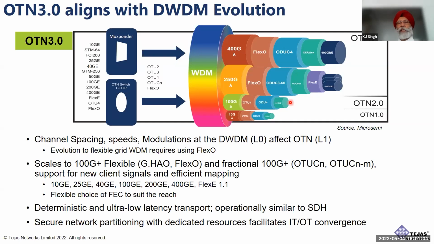When you put a signal into an OTN frame, it is not really affected by the other signals that are occupying the fiber at the same time. Obviously, from a WDM perspective, the lambdas are different, but even within that, you have isolation between different OTN pipes. So that really makes sure that you have guarantees on the network performance. And that's important to several applications which cannot tolerate a high amount of jitter.